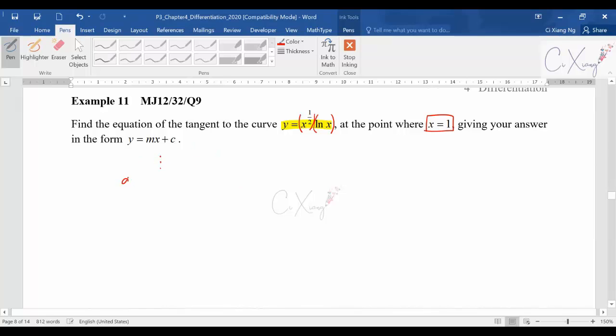So first step, you need to find out the dy dx. Your dy dx equation will look something like this.